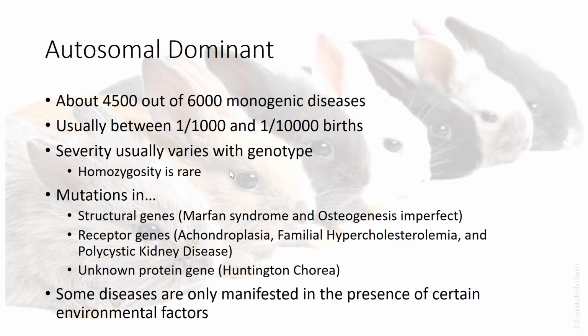Many of these have very low penetrance, and the reason for that is that there are other genes that tend to mask the effects of these mutations, unless certain epigenetic patterns are in place, and those epigenetic patterns are impacted heavily by the diet of the individual or other environmental factors.